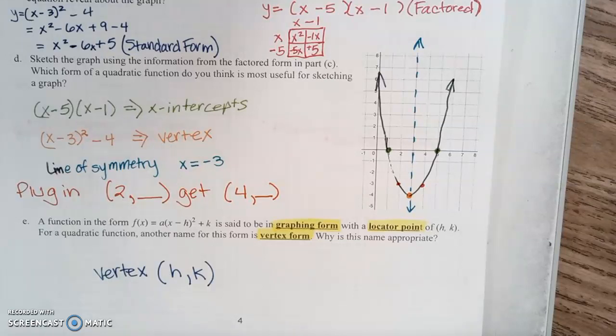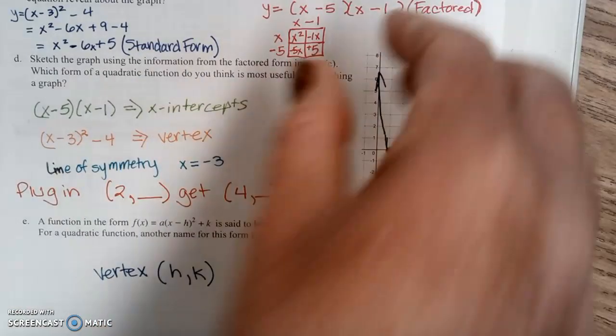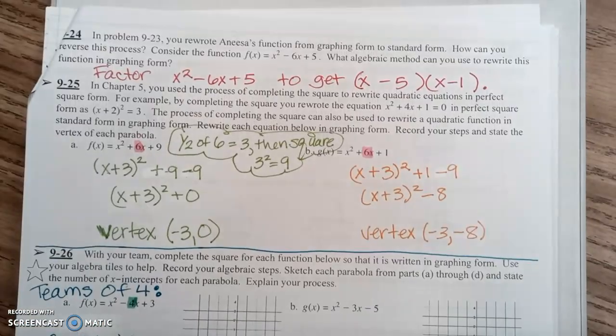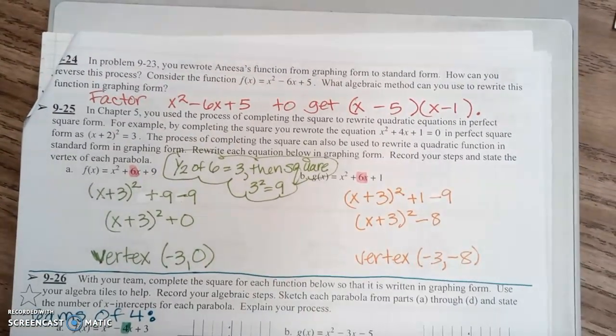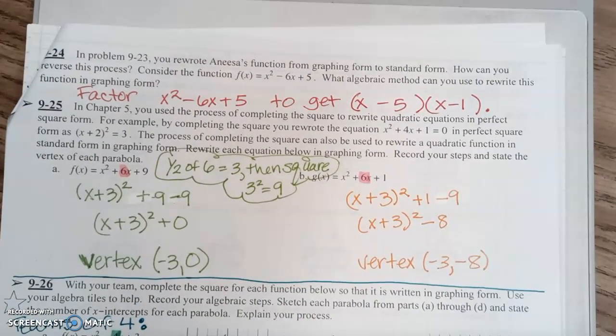Anybody still writing? Okay, flip over to the top of page 5. And let's look at question number 24, which says, in problem 23, you rewrote Anissa's function from the graphing form to standard form. How can you reverse this process?